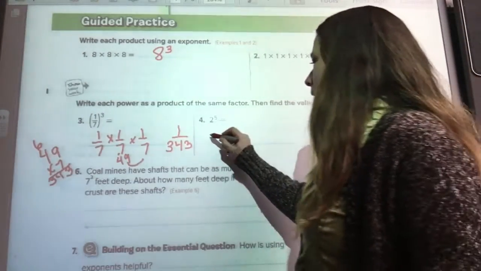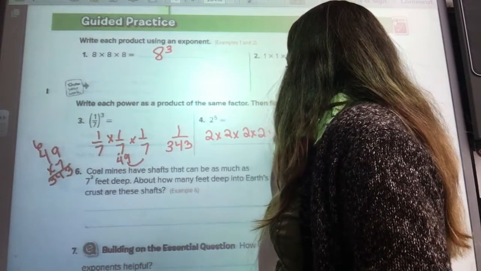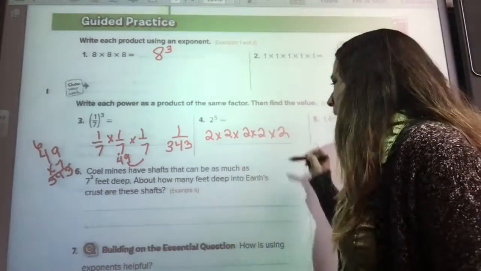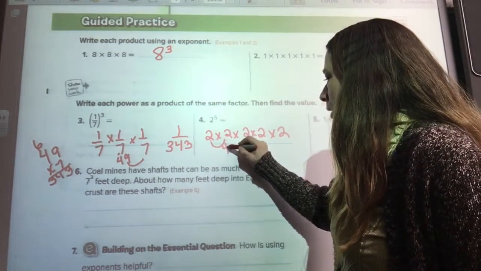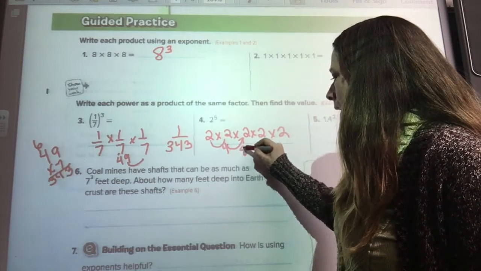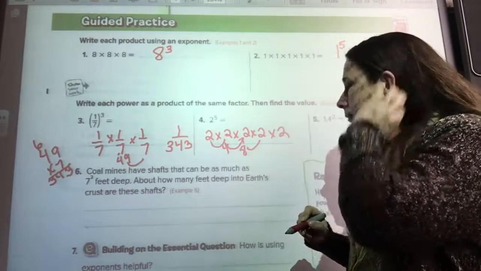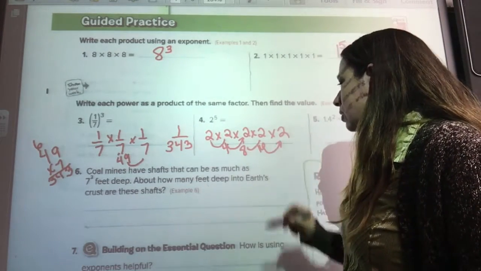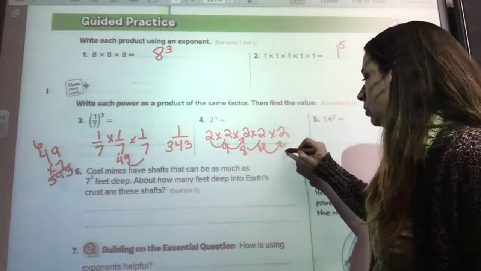2 to the 5th. 2 times 2 times 2 times 2 times 2. 1, 2, 3, 4, 5. 5 is the exponent. It's written 5 times, so we're good. 2 times 2 is 4. 4 times 2 is 8. 8 times 2 is 16. 16 times 2 is 32.